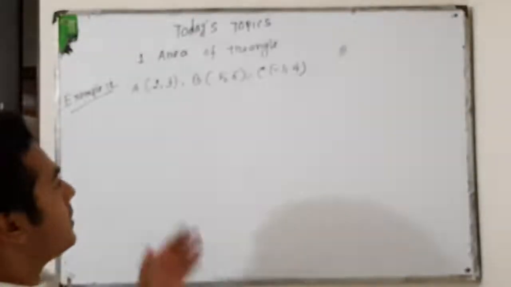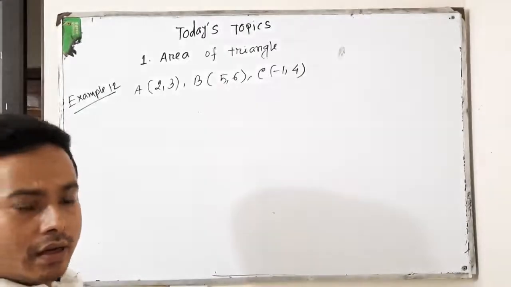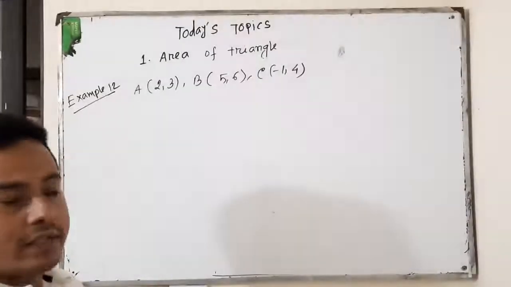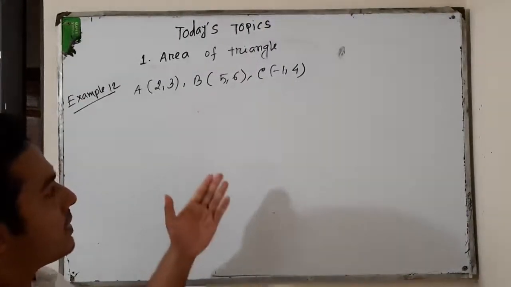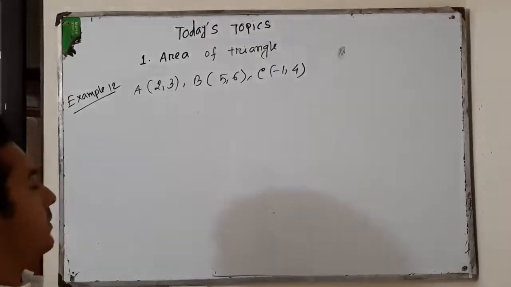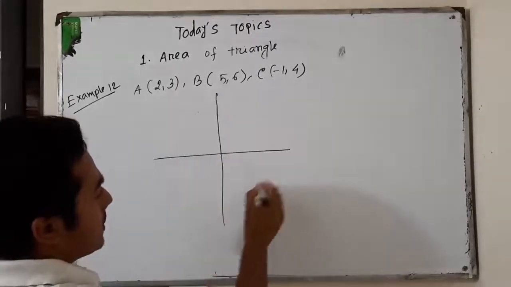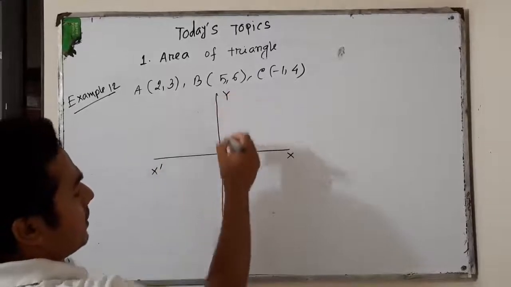At first, how can you realize whether these three points are anti-clockwise or not? For this, you have to draw the triangle. Otherwise it is difficult to say whether the points are arranged in anti-clockwise order. So this is the x axis and this is x prime, this is y and this is y prime.